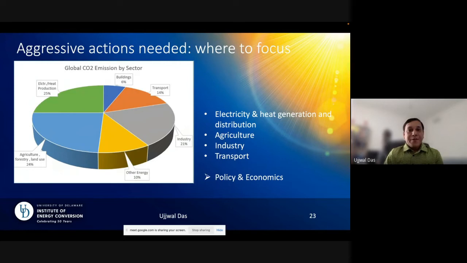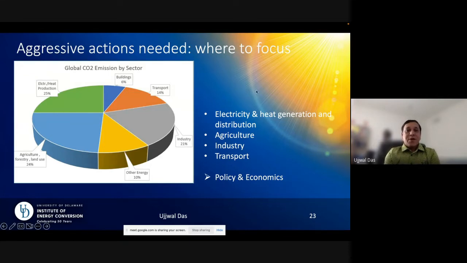So what can we do to curb this pollution and to help the planet sustainable? First of all, there are few aggressive actions needed. Now the question is where to focus.